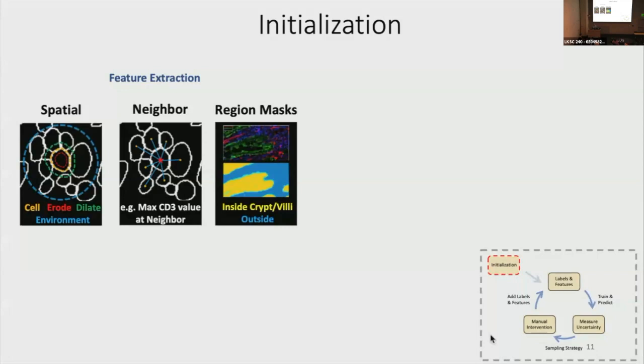So we've had a lot of people adding in regional masks, which they quickly train in Ilastik. Takes them about a day. There might be something that they're interested in. So for example, if you have smooth muscle vascular structures and you want to differentiate those from the fibroblasts, both are expressing SMA, you train this quick pixel classifier to identify the vessels, and in that way you add those.